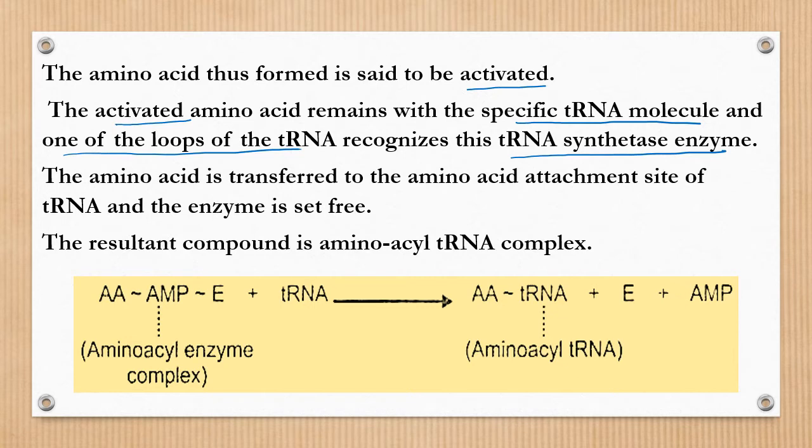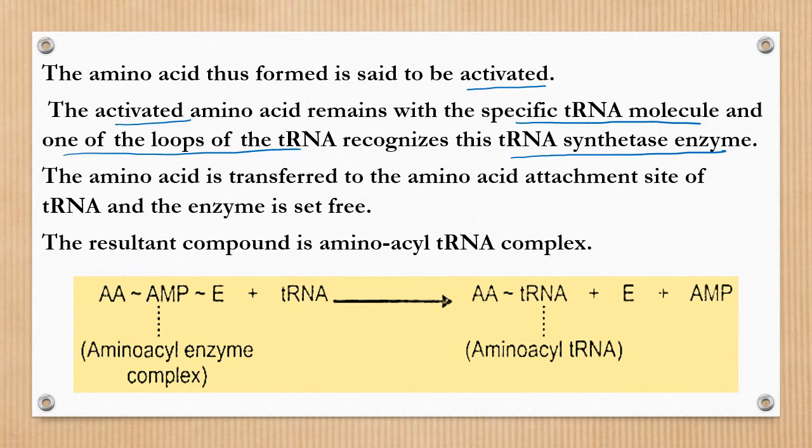We are given that the T loop recognizes the amino acyl tRNA synthetase enzyme, because the amino acid is active by reacting with that enzyme. The enzyme is still attached to that activated amino acid.